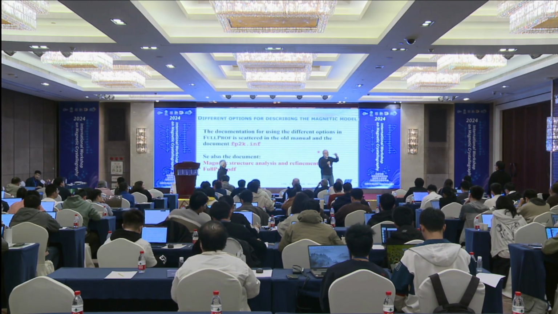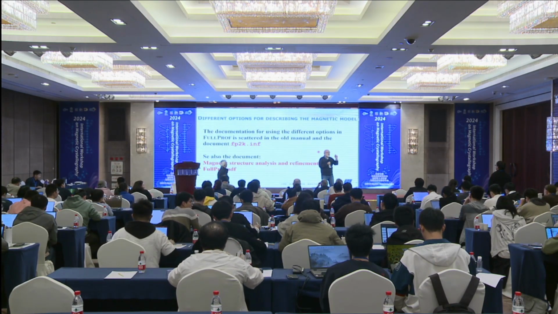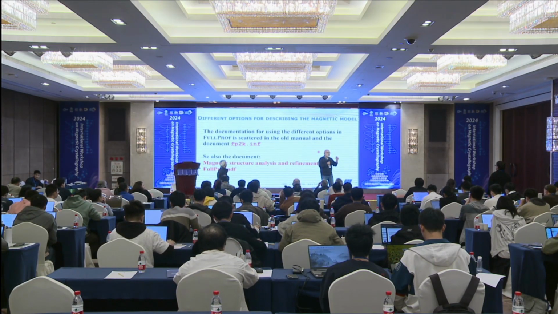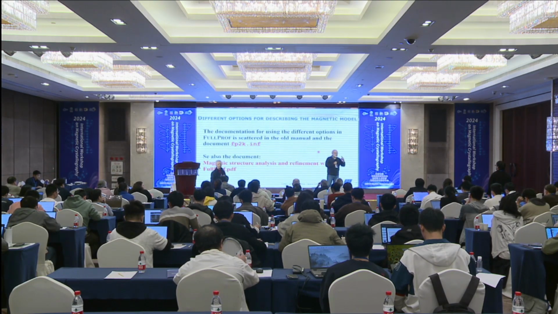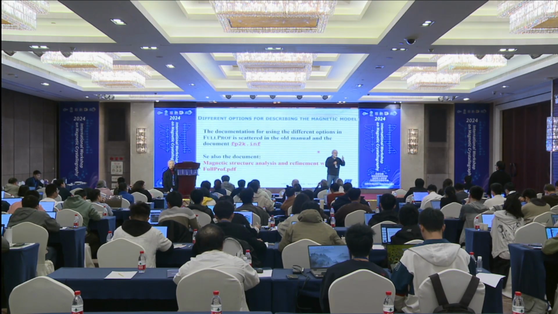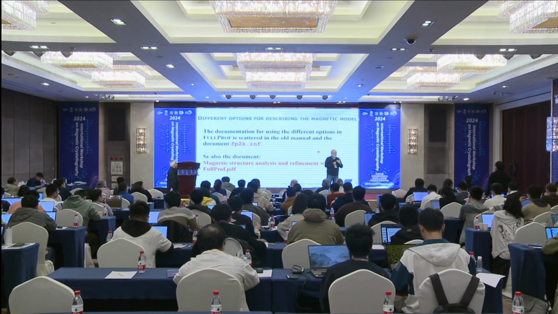In the case of using the traditional way of working with FullProf, you put -1 when the propagation vector is inside the Brillouin zone. If it is on the surface, and k is equivalent to -k, you put 1. K equivalent to -k means that 2k is a reciprocal lattice point.